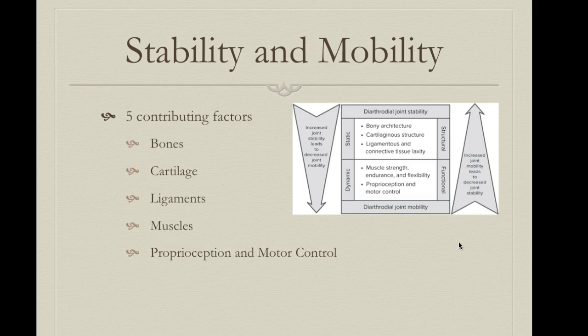The more stability you have, the less mobility you're probably going to have, and the more mobility, then the less stability. And a lot of those things are, like I mentioned, determined by what types of bones, if there's cartilage, the number of ligaments, the strength of those ligaments, how many muscle attachments to that joint, and then finally proprioception and motor control, which we'll discuss a little bit further along in this lecture.